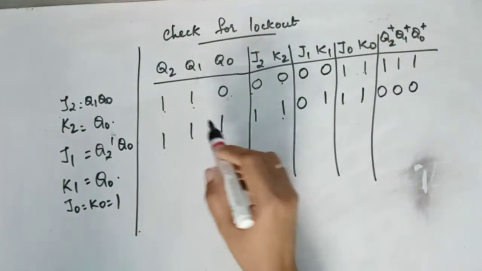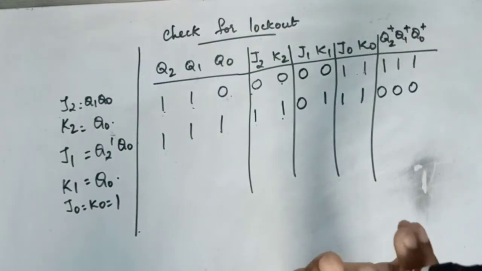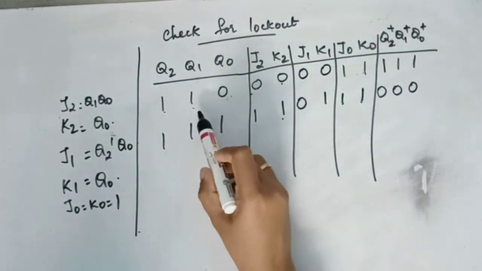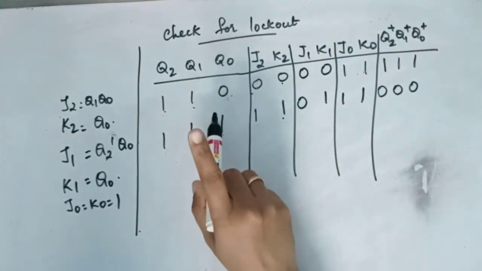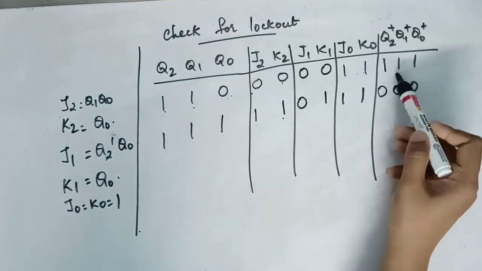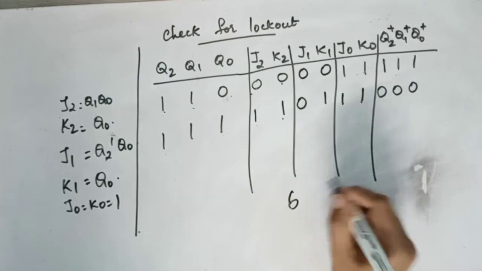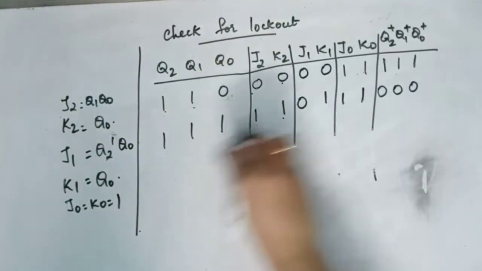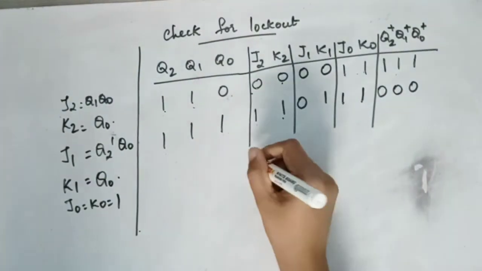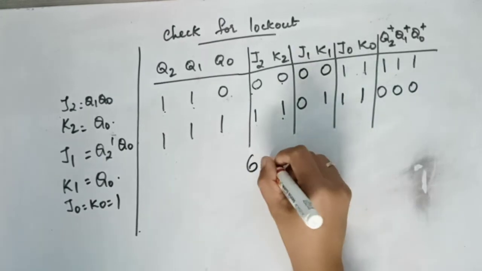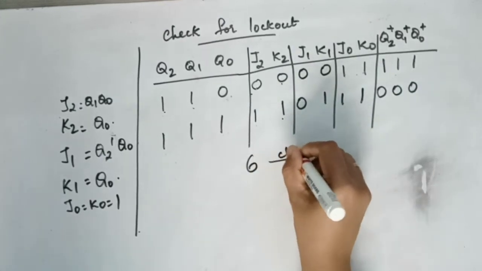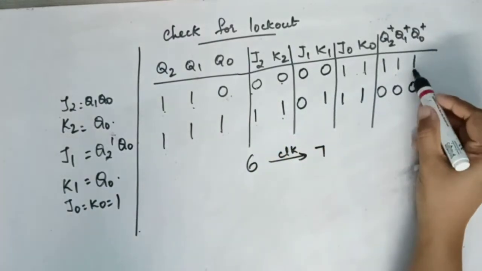Now see here, if 6 comes in, after one clock pulse, what do you get? Qn plus 1, that is 7. An invalid state 6 comes, you apply a clock, it goes to 7.